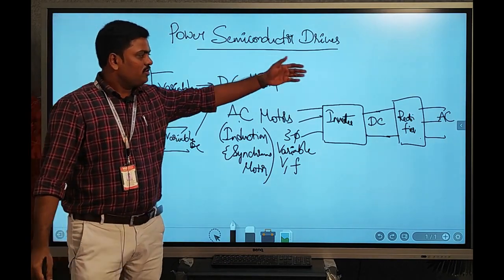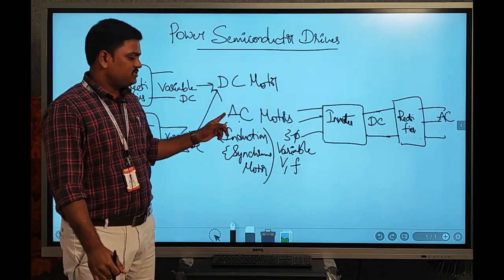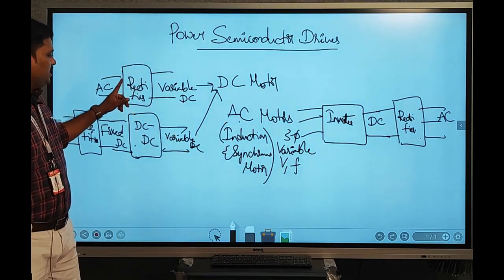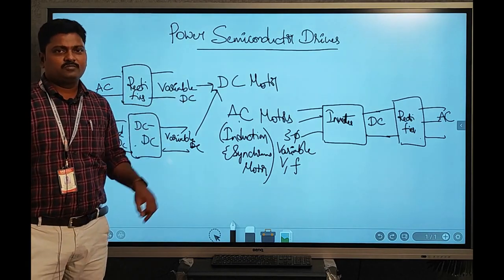So using the so-called inverters, we can control both induction and synchronous motors. Using rectifiers and choppers, we can control DC motors.